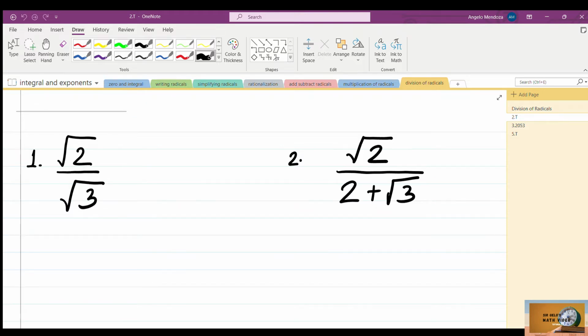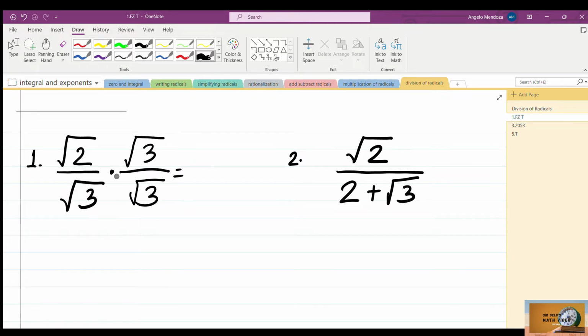So what we're going to do is rationalize the denominator by multiplying the numerator and the denominator by what is in the denominator, so we have square root of 3 here and square root of 3.